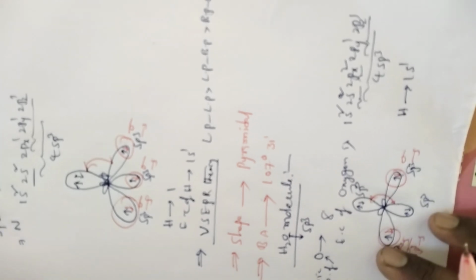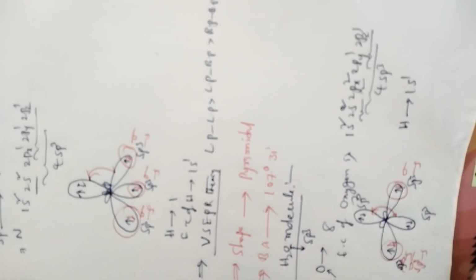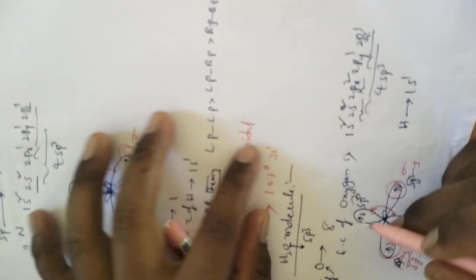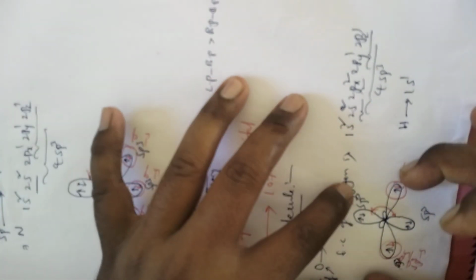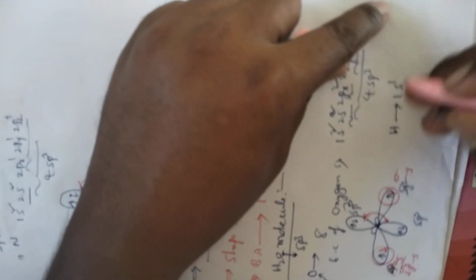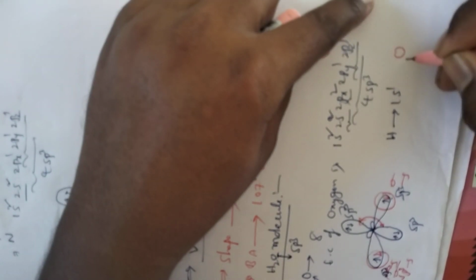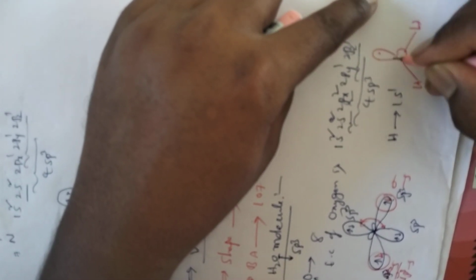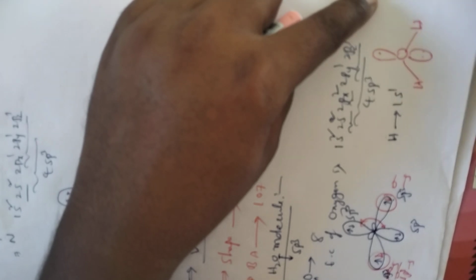Lone pair to lone pair repulsion is greater than lone pair to bond pair repulsion. Because of the greater repulsion between the lone pairs, the shape of the molecule deviates from tetrahedral to a bent shape, like this.